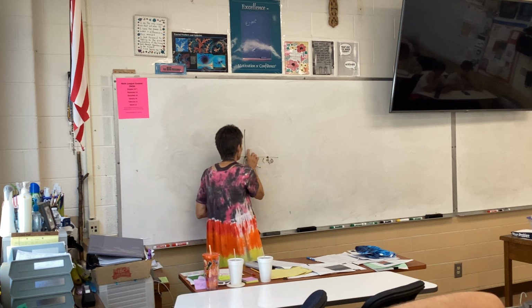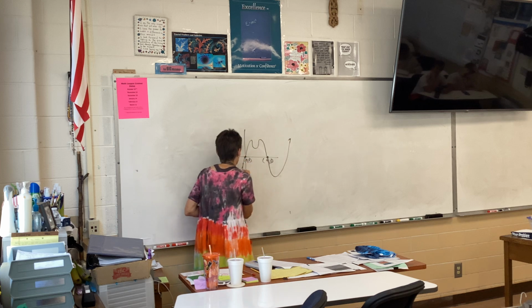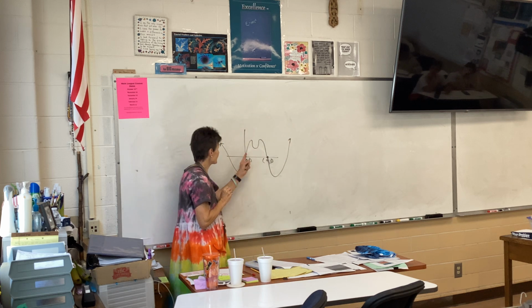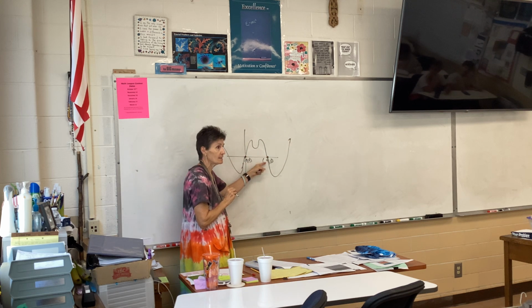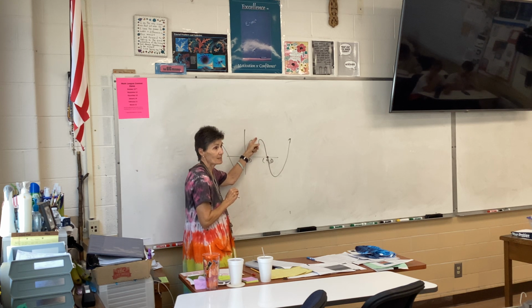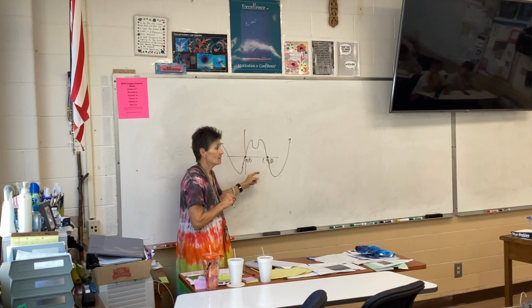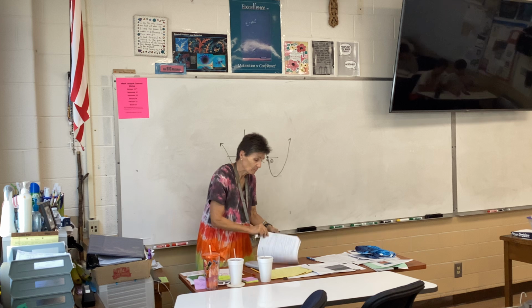Even if the thing is crazy squiggly, since these two points are connected, isn't there going to be either a high point or a low point, at least one? Yeah, so D is the true statement.